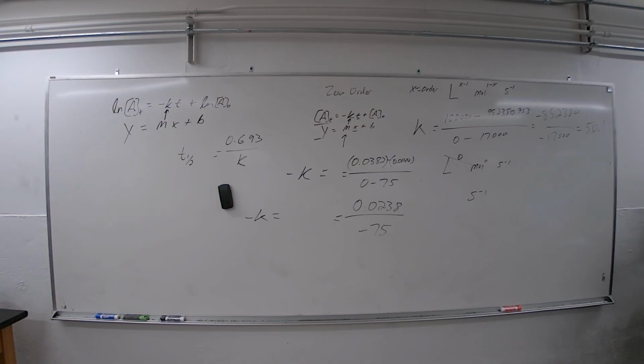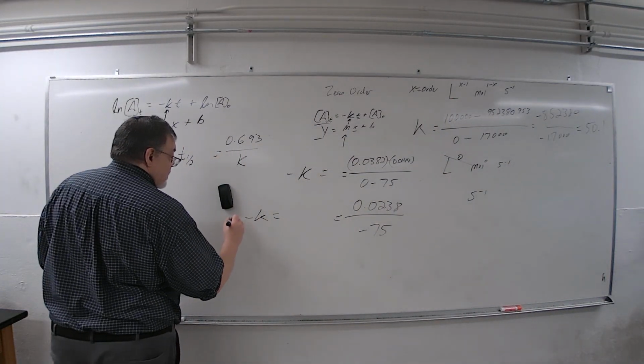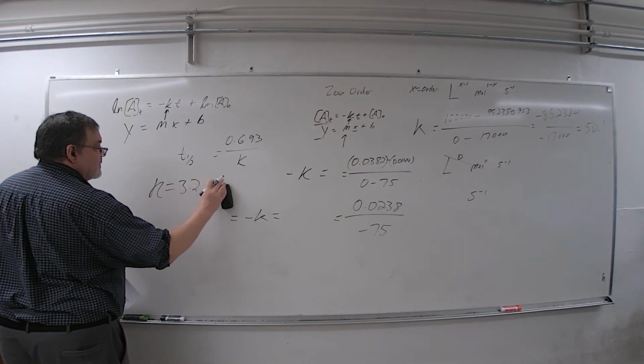Negative 3.17, but the negative is going to go away, so 3.17. Hopefully. Yeah, it rounds to 3.2. So k equals 3.2.